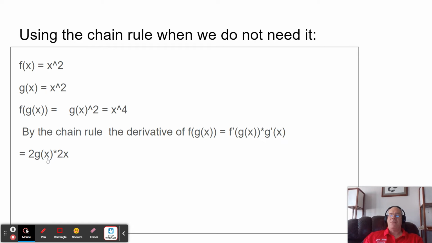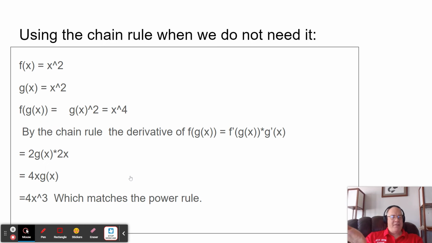That's 2x times 2g of x. All right. And we bring our 2's together. We pull our 4 to the other side, 4x times g of x. Remember, g of x is x squared, which makes the whole thing 4x cubed. And that matches the power rule, by the way. So x to the fourth power, you take the 4 down, you subtract 1 from the 4, 4x cubed. Well, that's exactly the same thing.